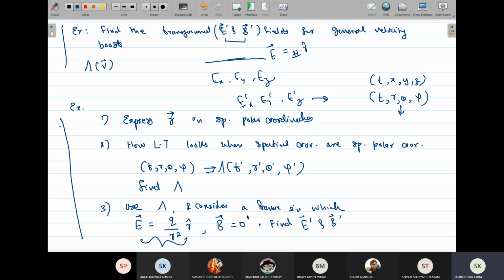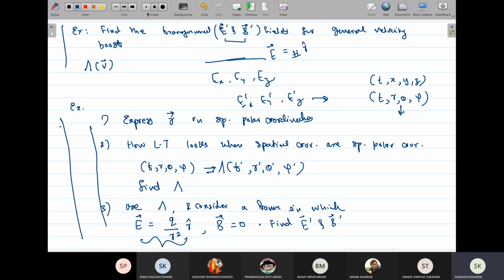So my question is, is it then possible to directly go from spherical polar coordinates in one frame to the spherical polar coordinates in the other? That is what I gave you. Okay, I got the question. You solve this, then you solve this also. Since you have asked me the question, you solve this and then you solve this also, and check the consistency.